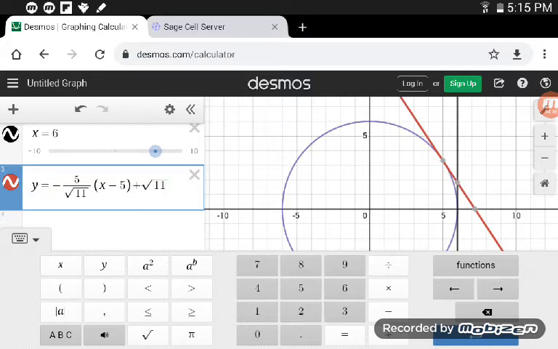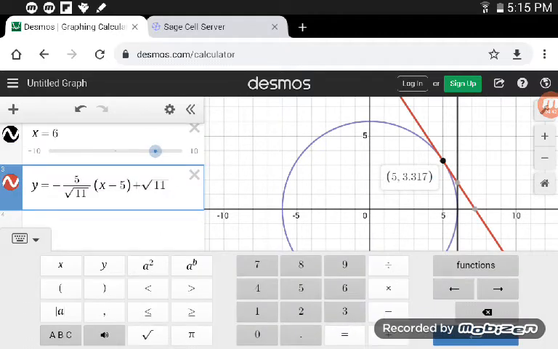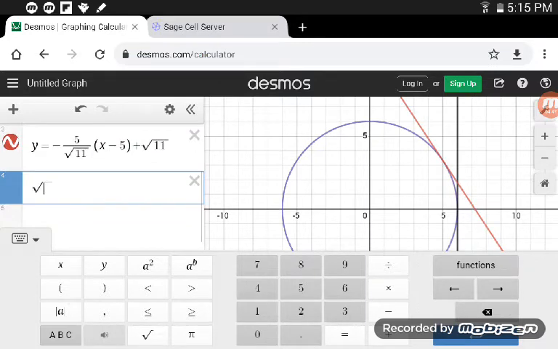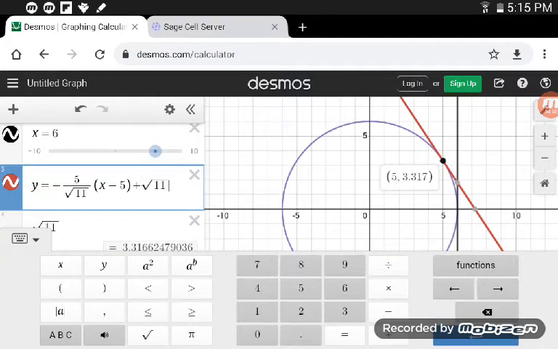And that definitely looks like a tangent line, and right there is the point 5 and 3.317. Well, let's check the square root of 11: 3.3166, I'd call that 3.317. So yep, there's our tangent line. I think we got this right.